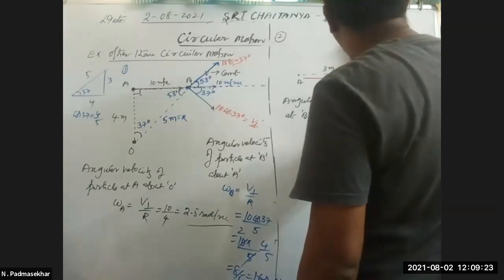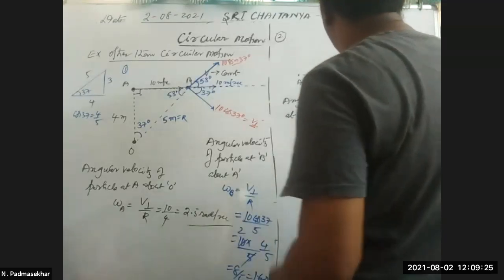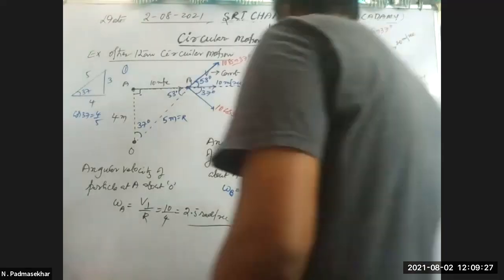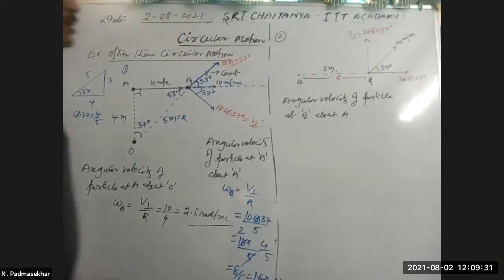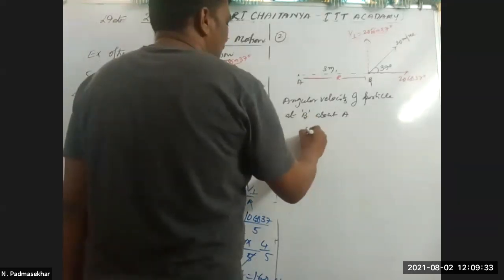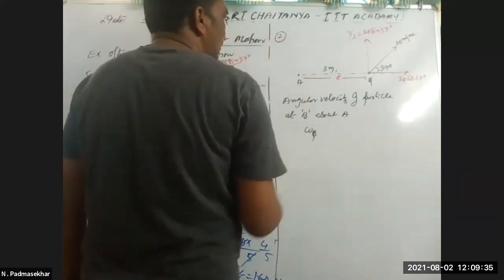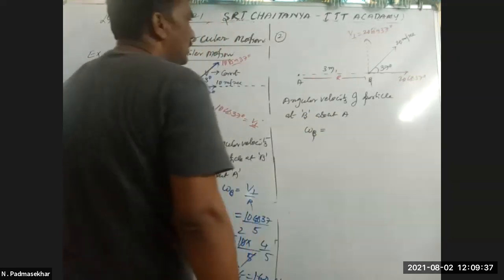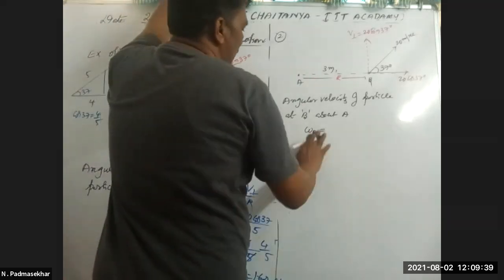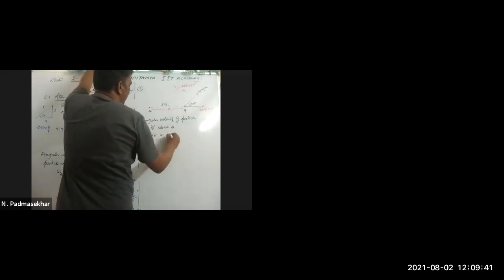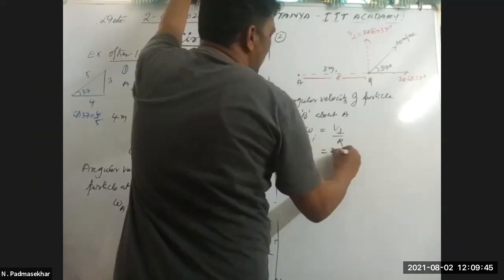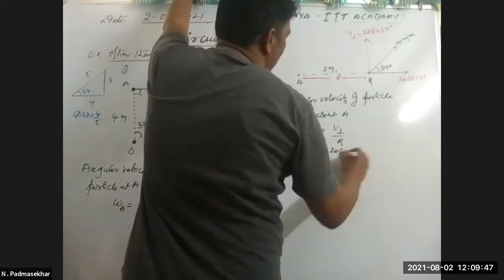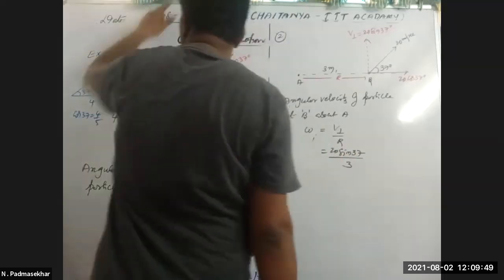So 20 sin 37 is V perpendicular to R. So the angular velocity of B about A is equal to V perpendicular by R. So V perpendicular is 20 sin 37 by R, which is 3.